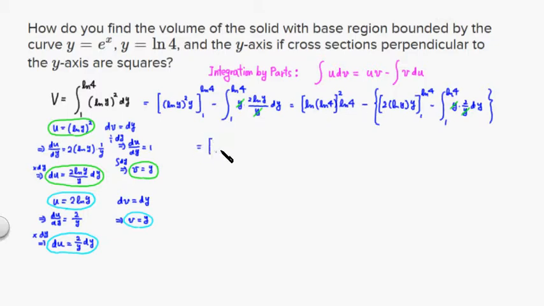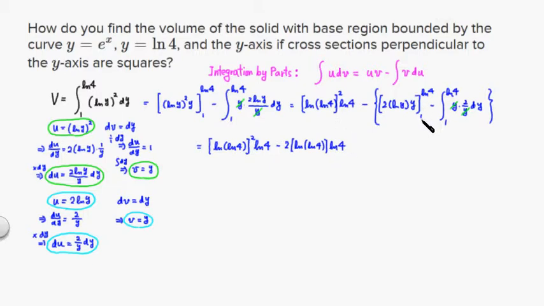So it's natural log of 4 squared times natural log of 4, right, minus, plugging in natural log of 4 here, it's 2 times natural log of 4 times y again, so natural log of 4.